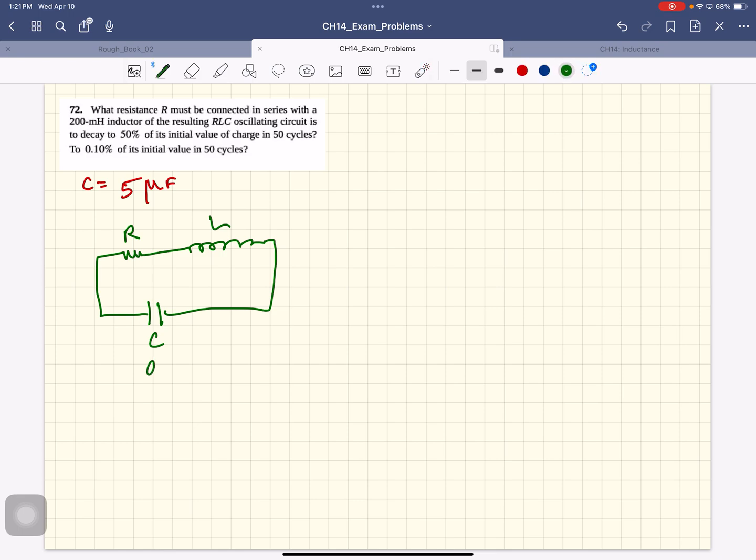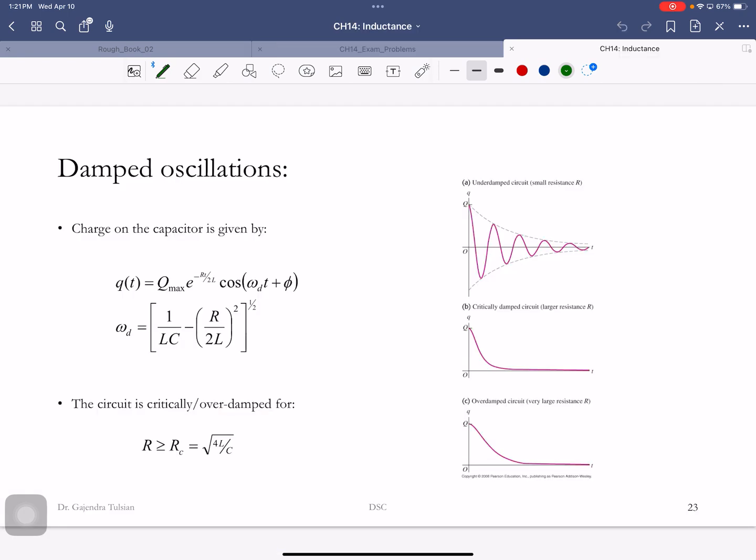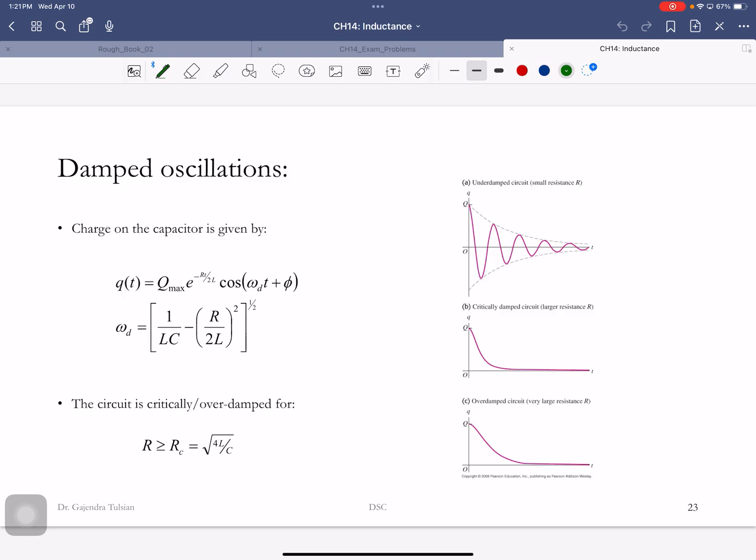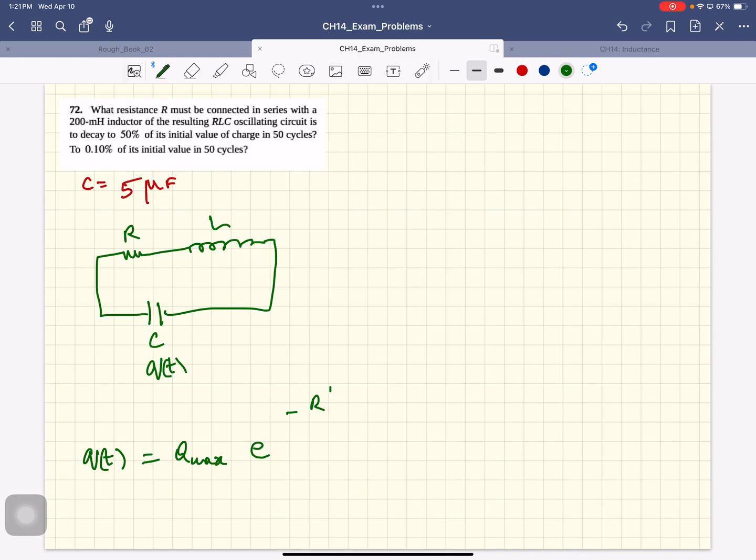So Q(t), the charge on the capacitor, changes like so: Q max e to the power of minus Rt over 2L, cosine of omega damped frequency t plus phi. I guess that's the phase constant.